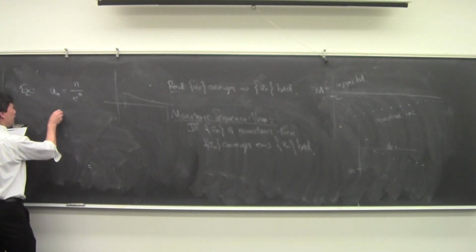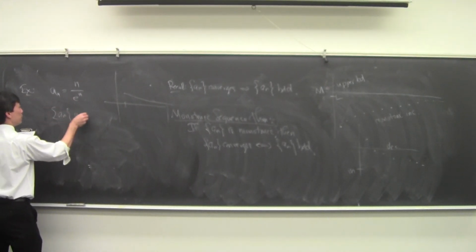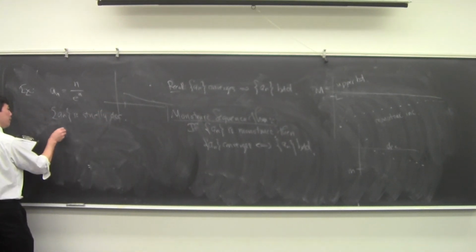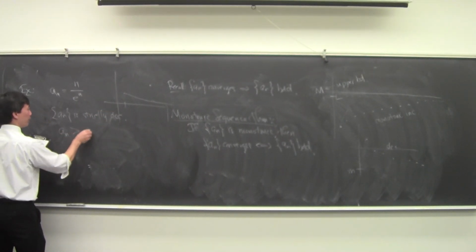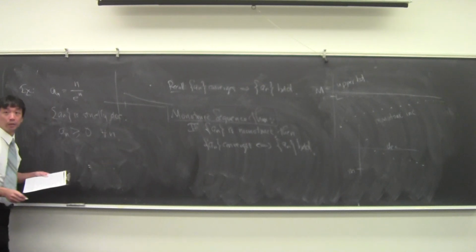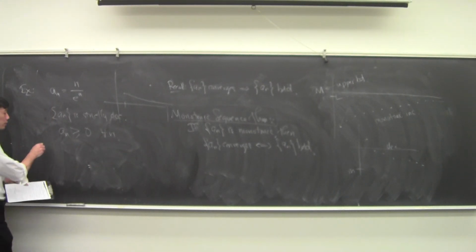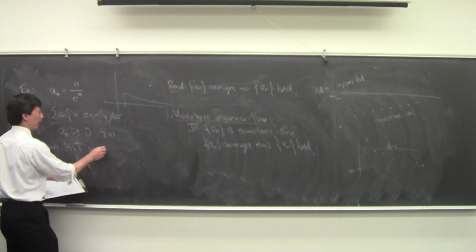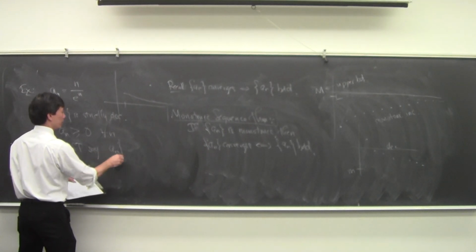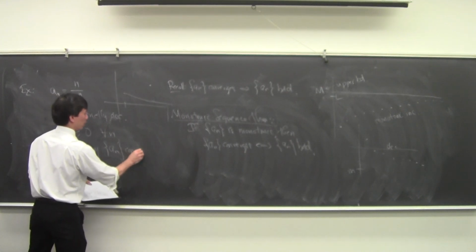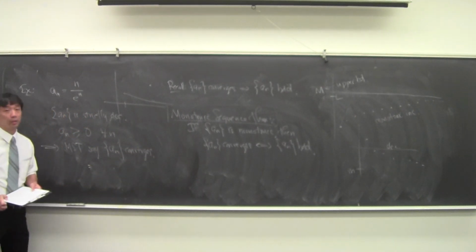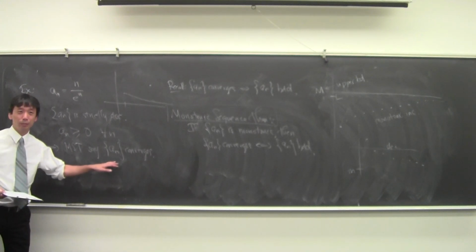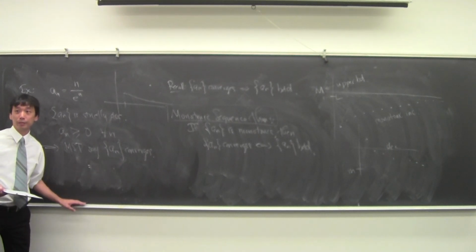We just saw that a sub n is strictly decreasing, and further, a sub n is greater than or equal to 0 for all n. So the monotonic sequence theorem says that this sequence converges. It doesn't tell you what it converges to, but it tells you that it converges.